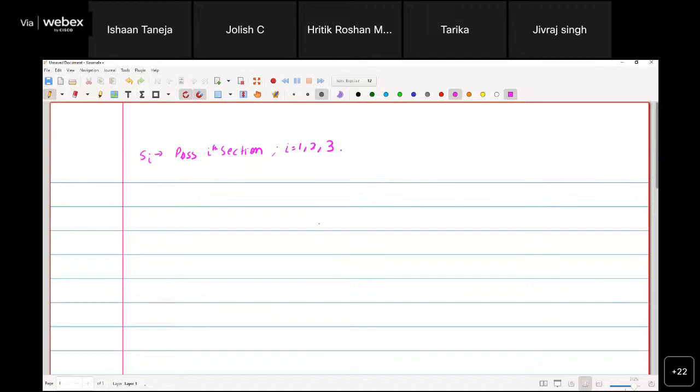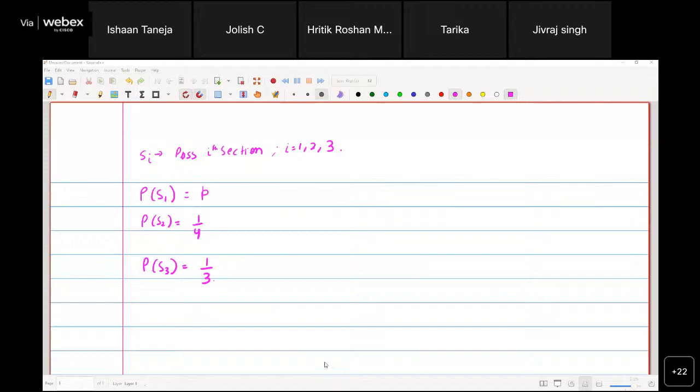So what is the probability of S1? P. And S2? 1 by 4. And S3? 1 by 3. Okay.